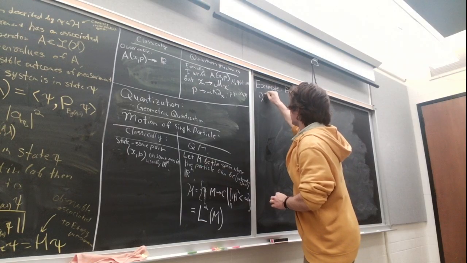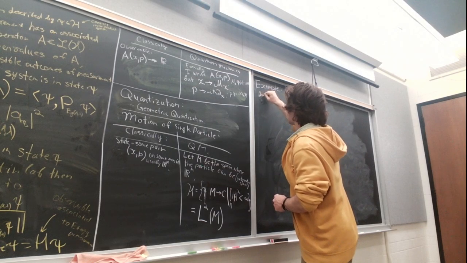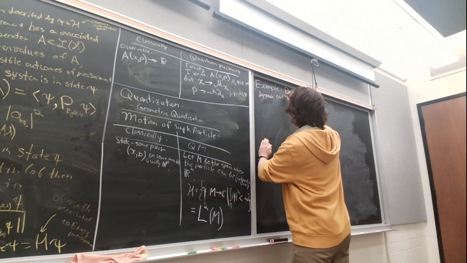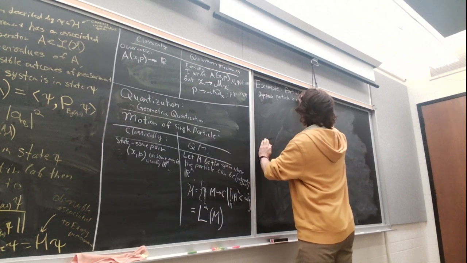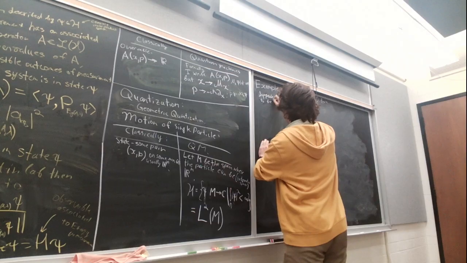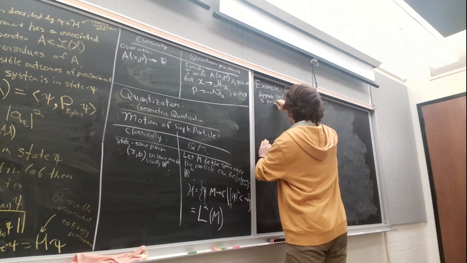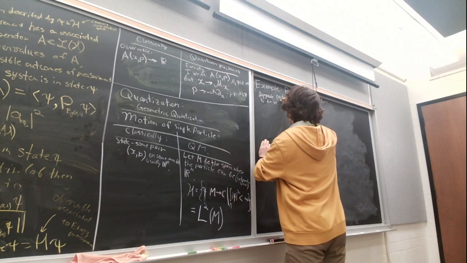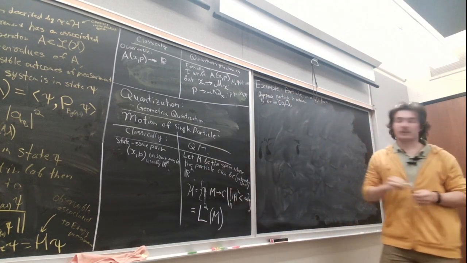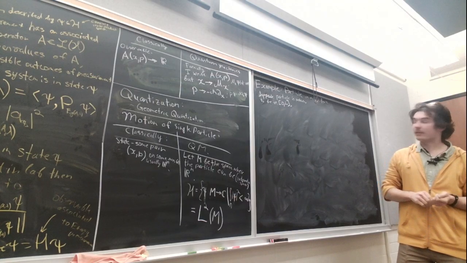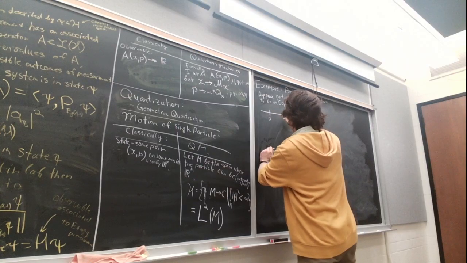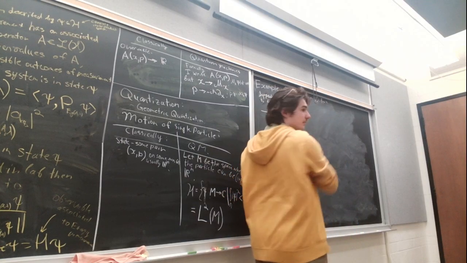So one, suppose the particle is restricted to be in a box from 0 to L. Okay? Do you agree? So I have some interval 0 to L, and the particle can only be somewhere in here. Okay? Good.